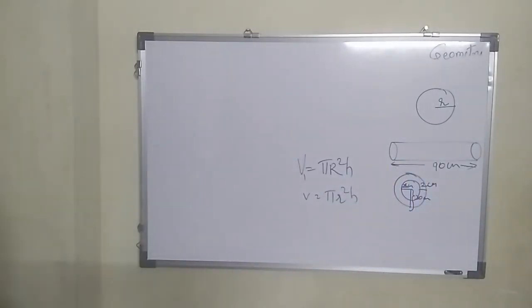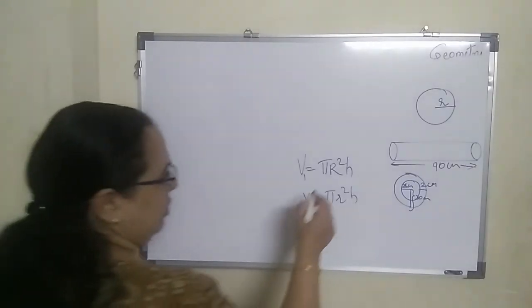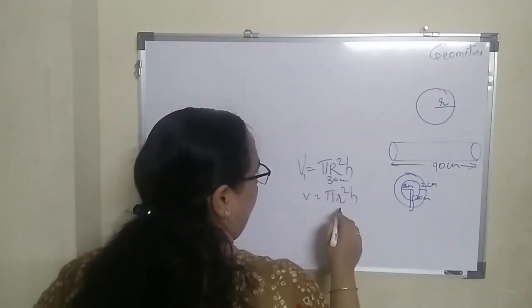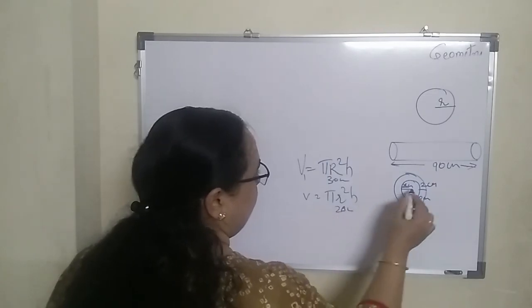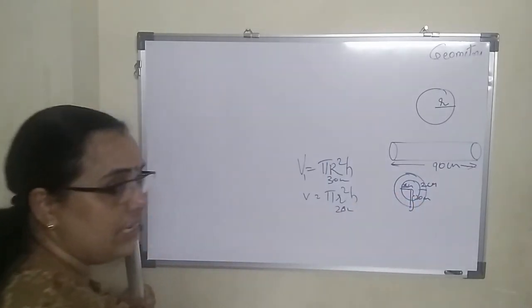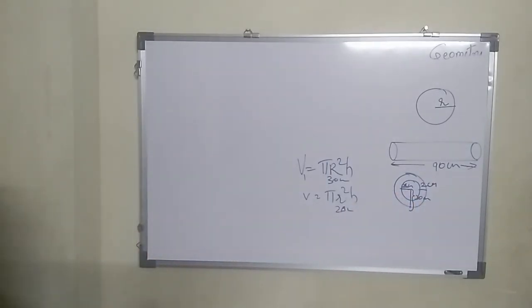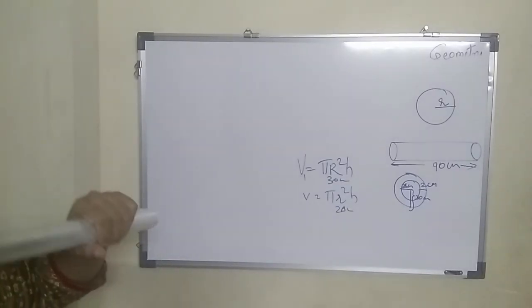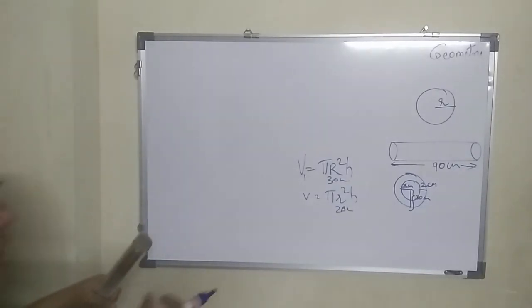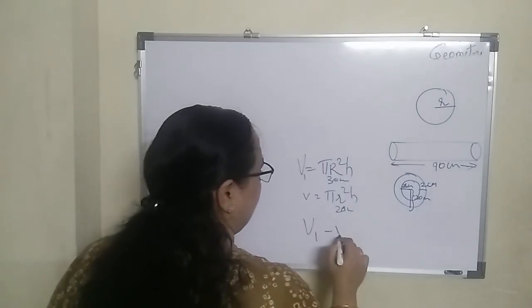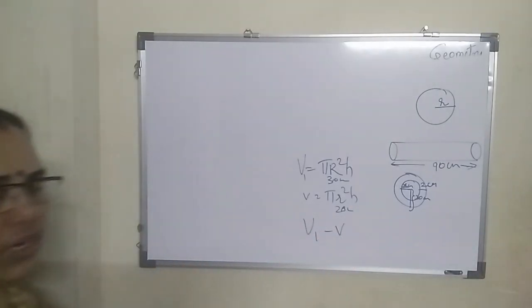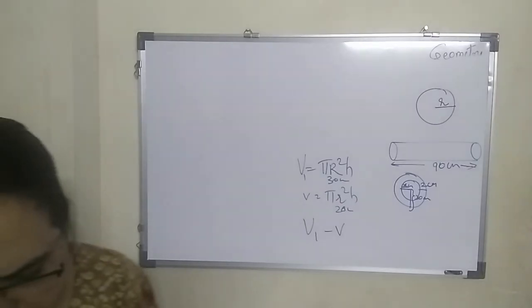What is the r? Capital R, it is 30 centimeter, and what is small r? 28 centimeter. That we calculated. Is that very clear? So if that is clear, can we find the volume of plastic used? That is V1 minus V2. Is that clear?